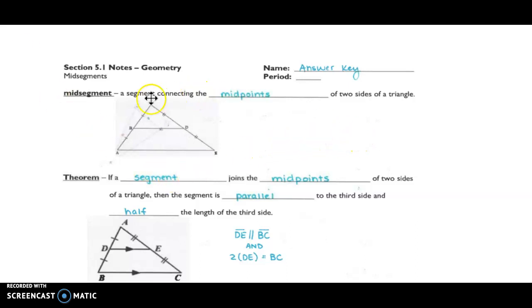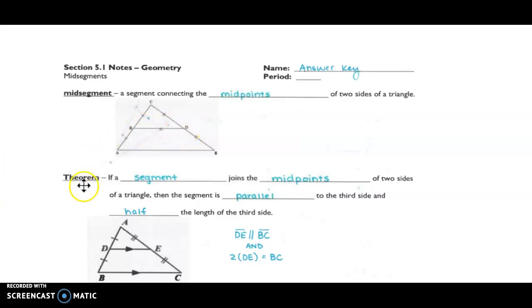And then to end it with 5-1 mid-segments. A mid-segment is a segment connecting the midpoints of two sides of a triangle. Here, B is the midpoint of AC, D is the midpoint of CE, and therefore BD creates this mid-segment.